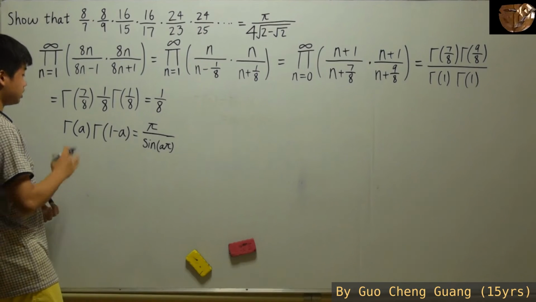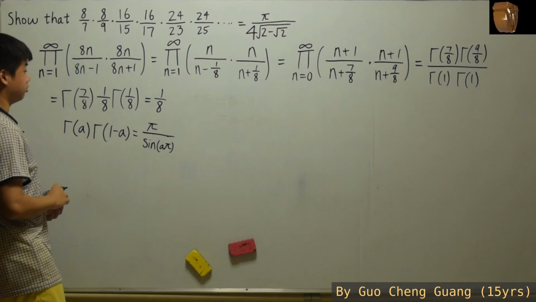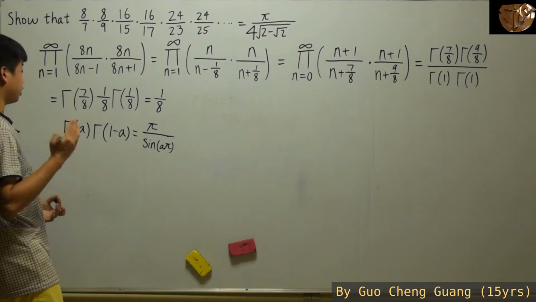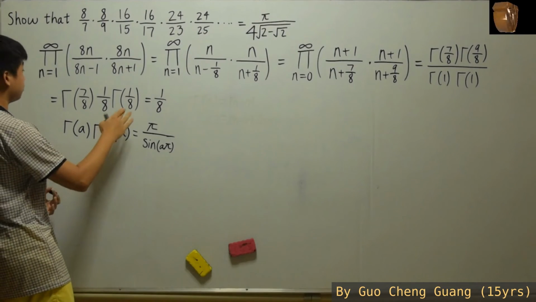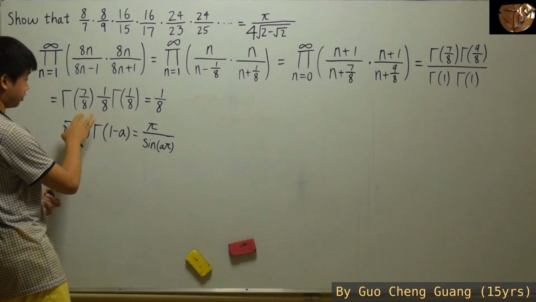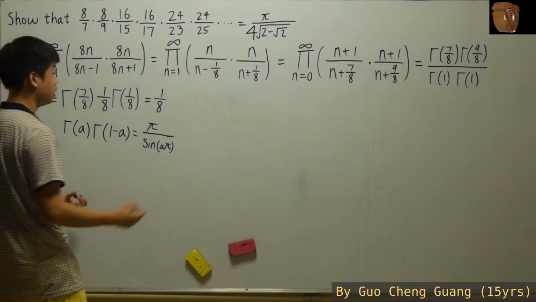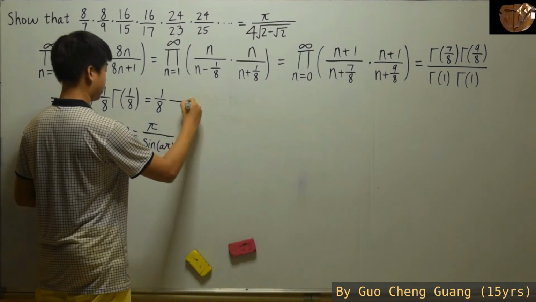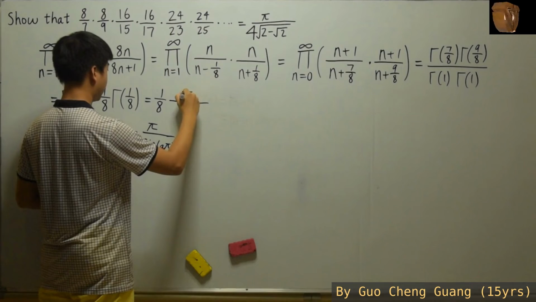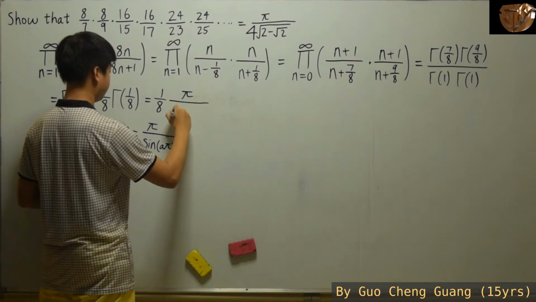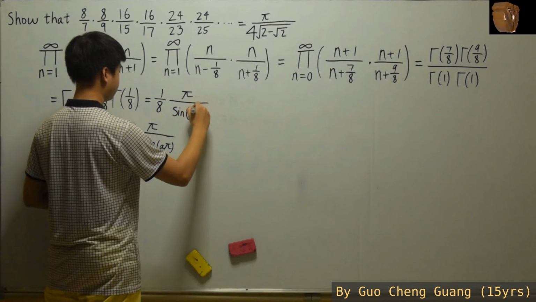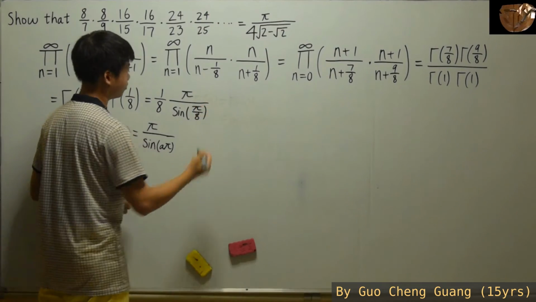Alright, so this is the Euler reflection formula, which is what we are going to use over here, since if you realize 1 over 8 plus 7 over 8 is just 1. So this is going to give us pi divided by sine pi over 8.